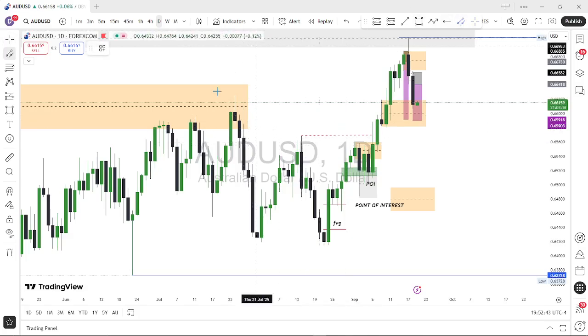Let me draw that. So that's easy. And these are the tools I use in my trading. IFVG happened.